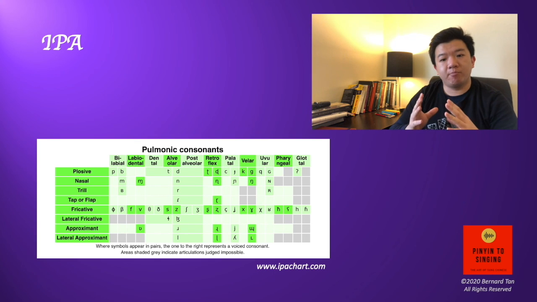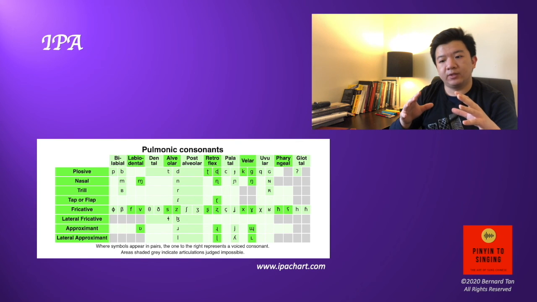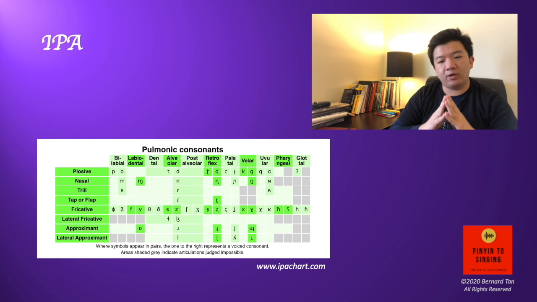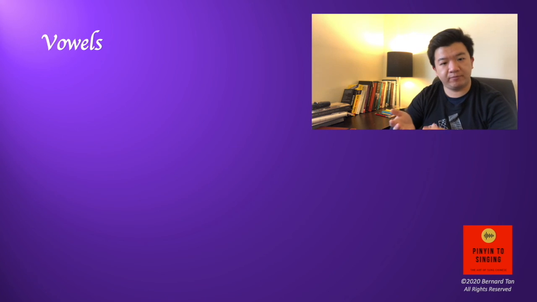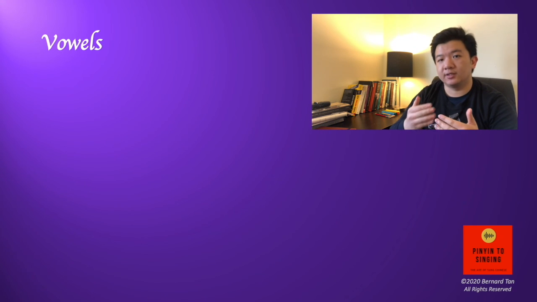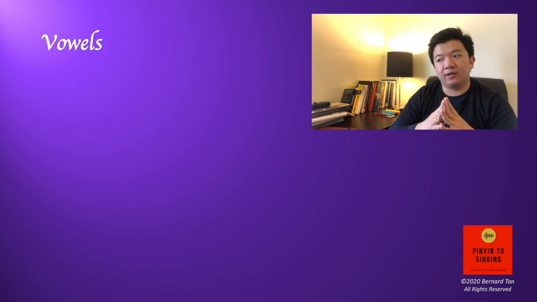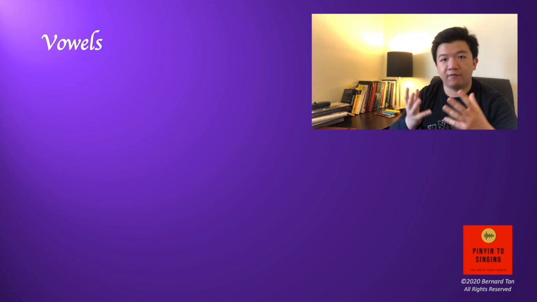But bear in mind that in singing, IPA might be a little bit limited because of the nature of singing, and I'm going to talk about that in a little bit. One of the main things in singing is vowels, obviously, because vowels are the sound that we phonate in singing. Vowels take many forms, and they are built up of different types of color.